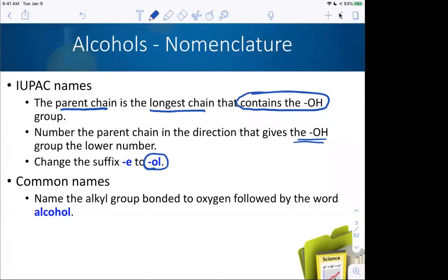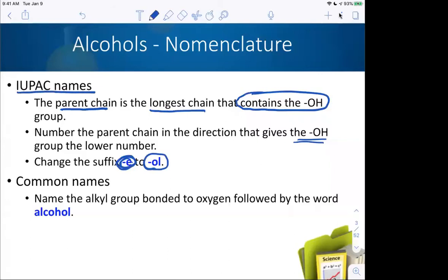And then I'm going to change the E on the alkene to an -ol. So like I could have 2-pentanol or 3-hexenol. So I have to think about all of these different ways that I could put this together.